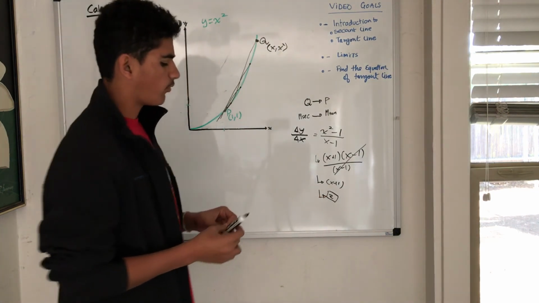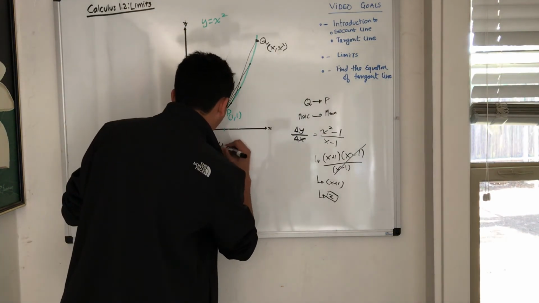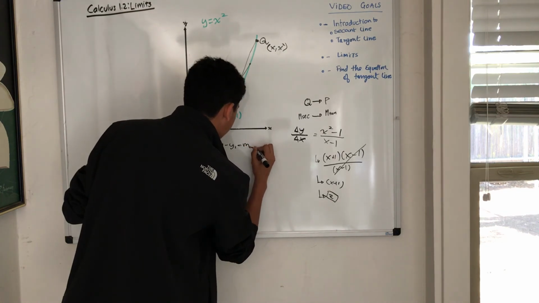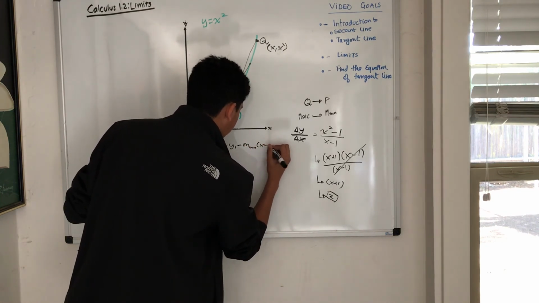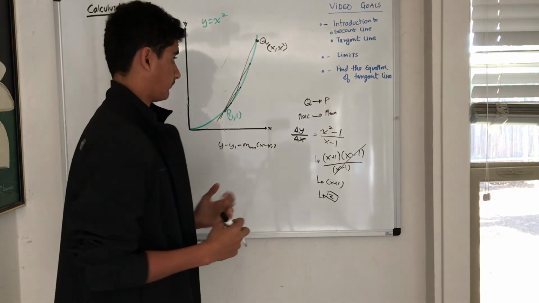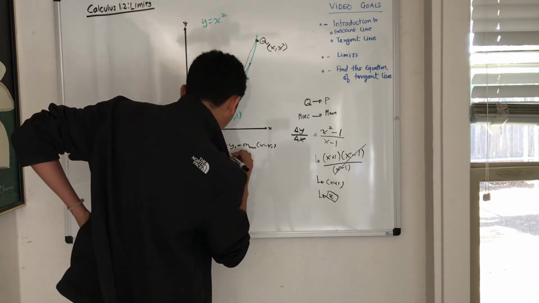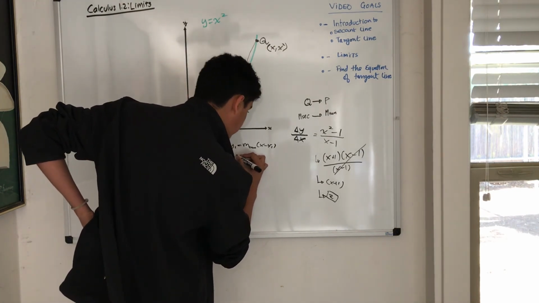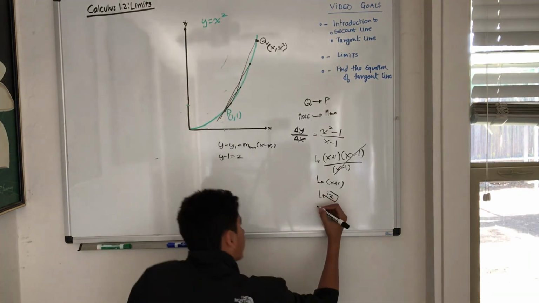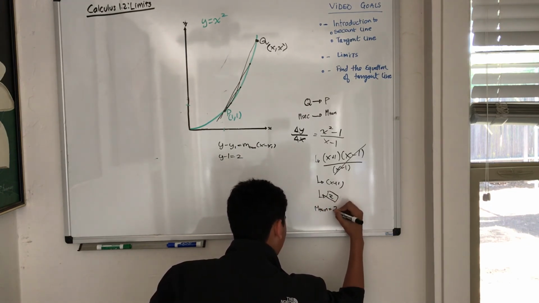Now if we plug all these points into the formula, y minus y1 equals m tan times x minus x1, we can actually find the equation of the tangent line, which is going to be y minus 1 equals 2, our value of m tan, which I should probably write here. m tan is equal to 2.